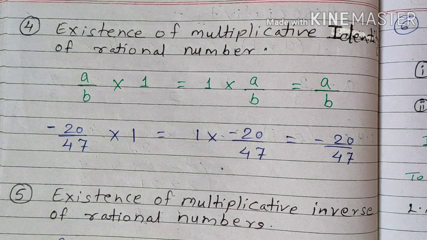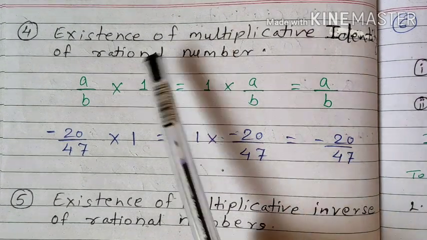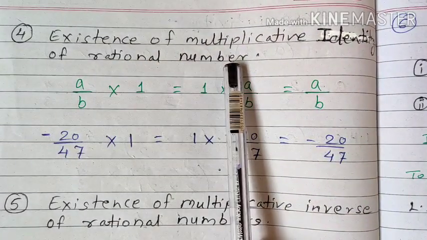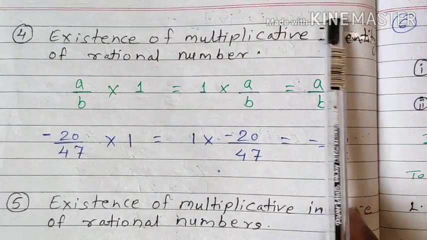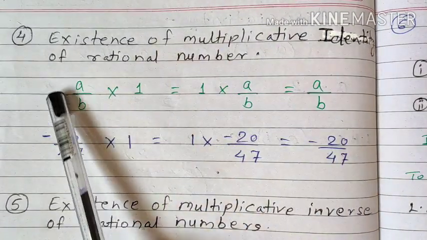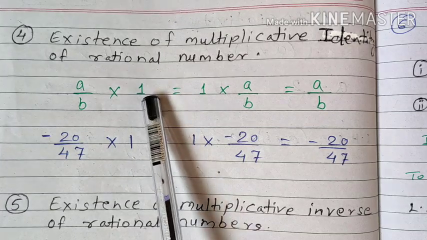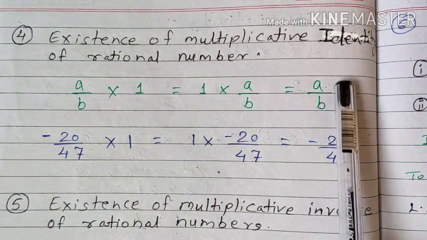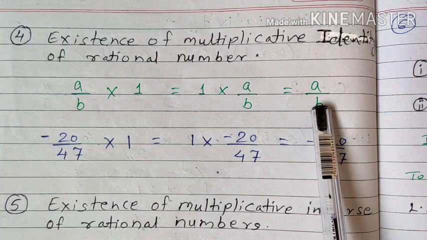Okay. The next property is existence of multiplicative identity of rational numbers. So identity means what? Same, identical, right? Any rational number, whenever it is multiplied by 1, gives a product identical, meaning the same.